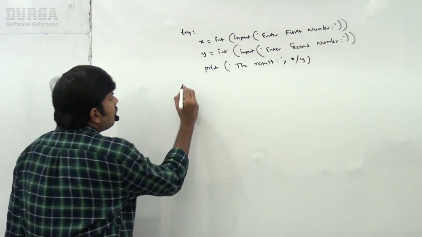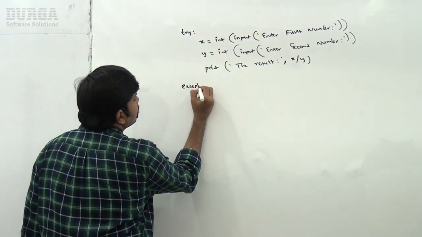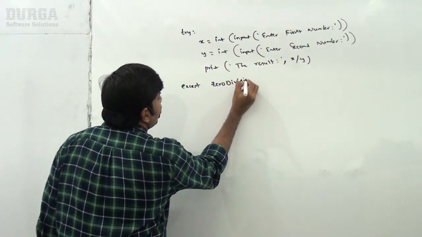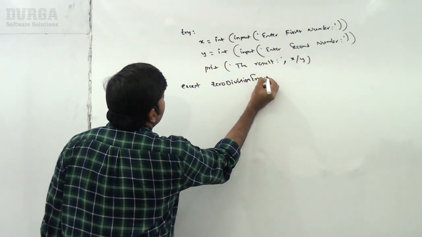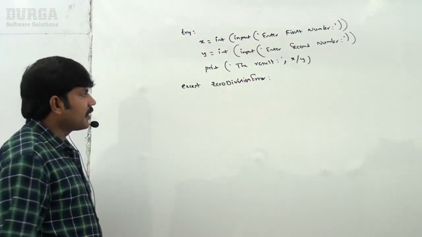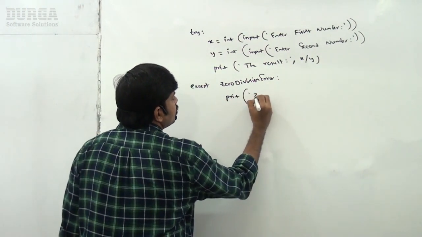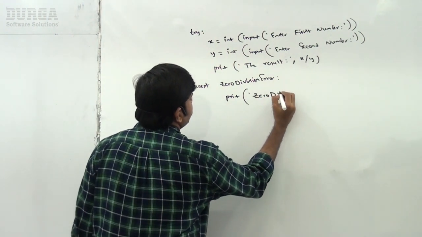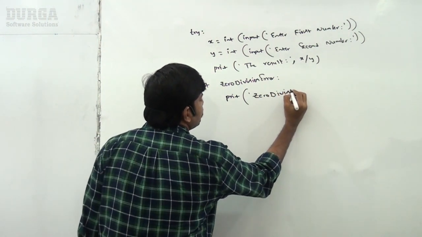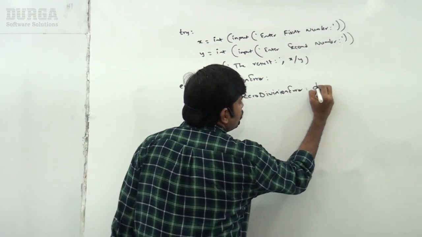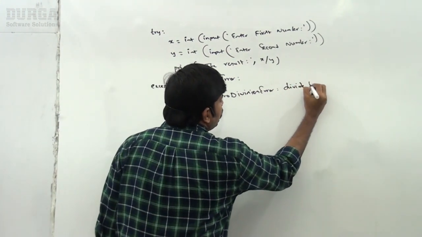Now I'm taking except ZeroDivisionError. Here I'm taking print, division by zero, ZeroDivisionError, divide by zero.